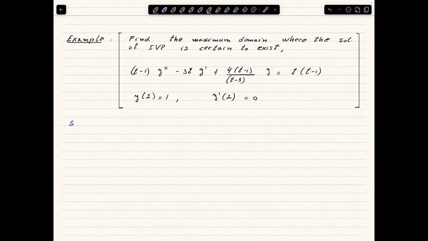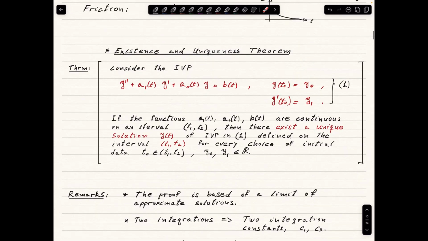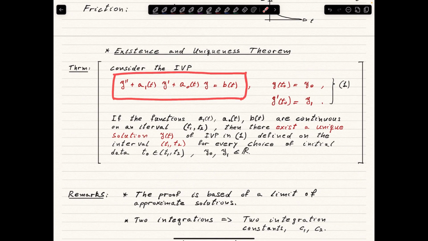Okay, solution. How do we find the domain? Well, the first thing we need to do is notice that this differential equation is not written in exactly the same way as in the theorem. Can you spot the difference? The difference is that the term that multiplies the y double prime has factor 1.